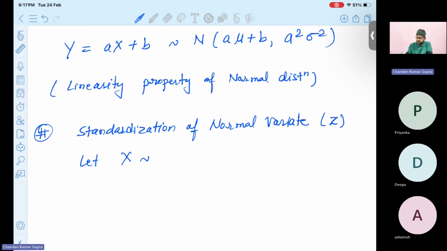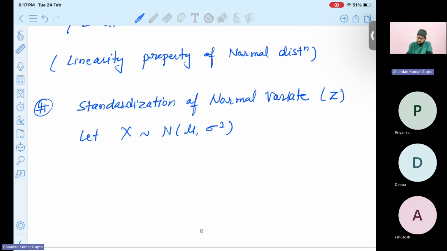Let X be a normal random variable with mean mu and variance sigma squared. Then a transformed random variable Z, defined as (X minus mu) upon sigma, follows a normal distribution with mean 0 and variance 1.